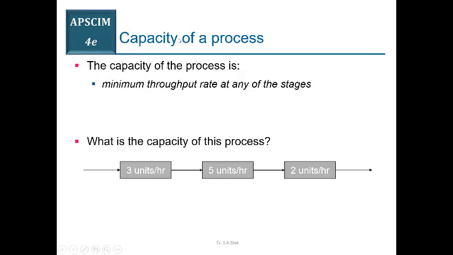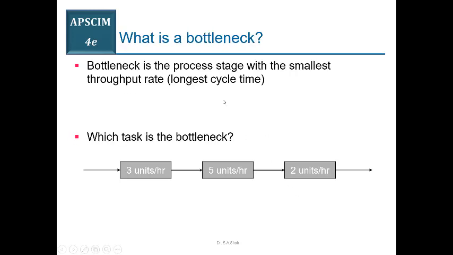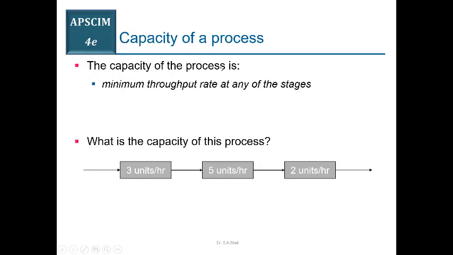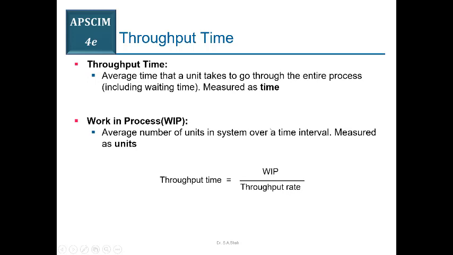So this is the bottleneck, and what will be the capacity of the process? Capacity, as discussed, is the minimum throughput rate of any of the stages. So if someone asks you what the capacity of this process is, definitely it will be the bottleneck. So 2 units per hour will be the capacity of this system.